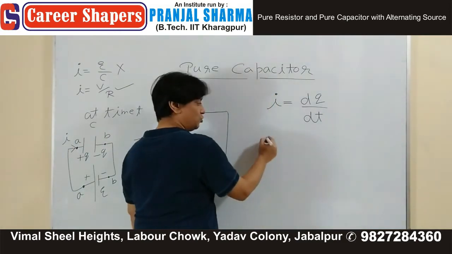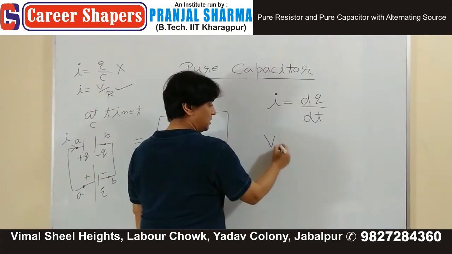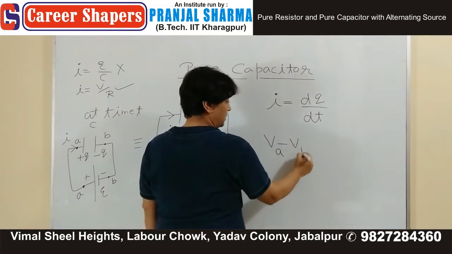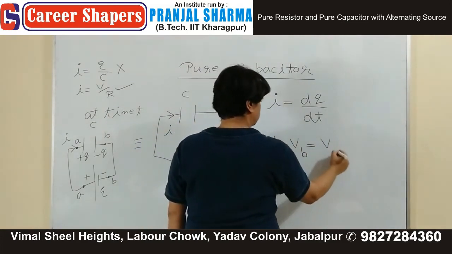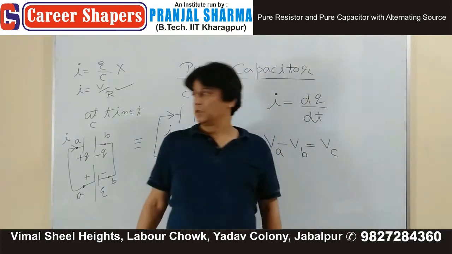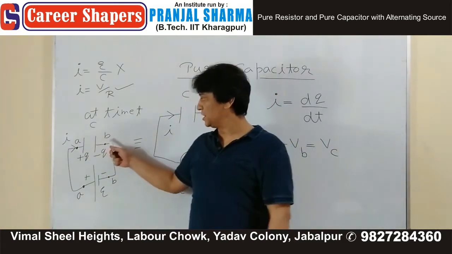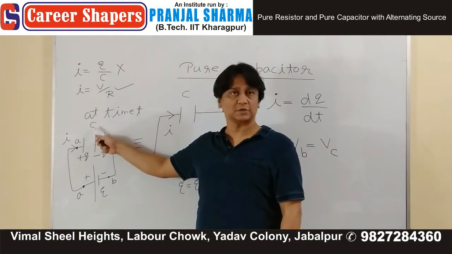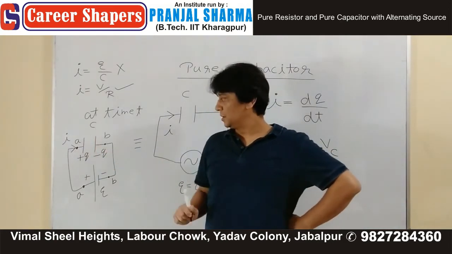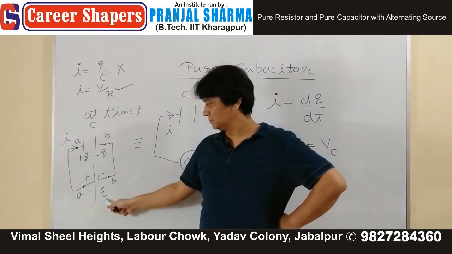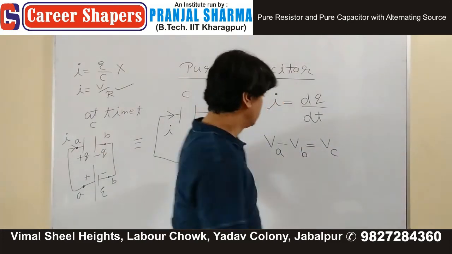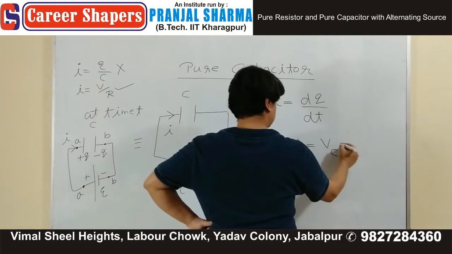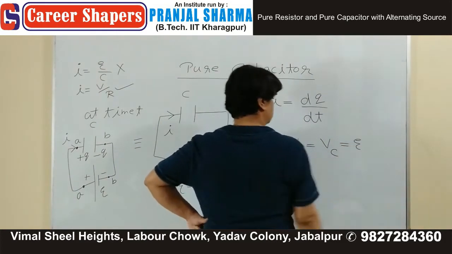If I ask you what is VA minus VB, then it is VC. What is VA minus VB? That will be called potential difference across the capacitor. But what is VA minus VB? E. This is E.